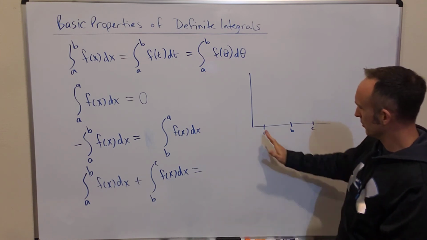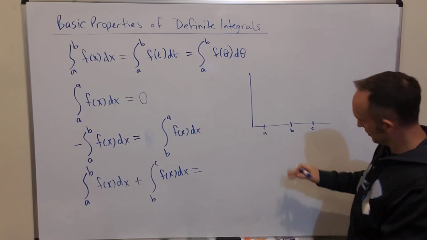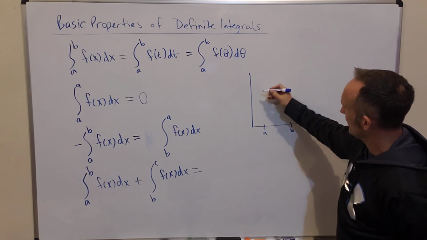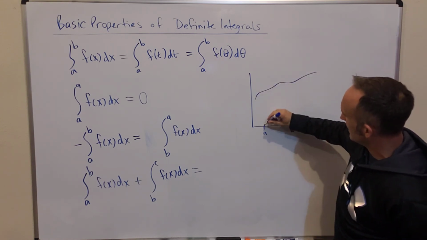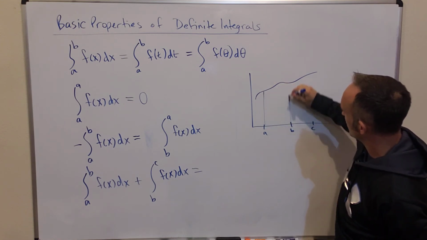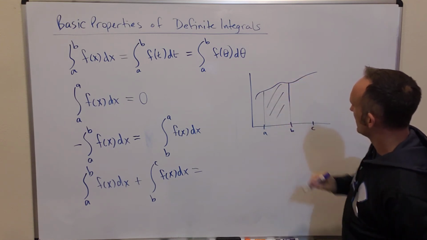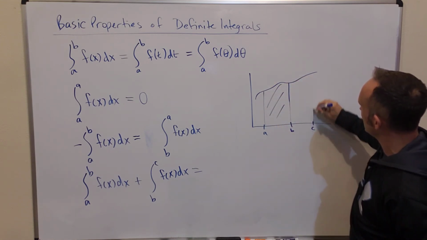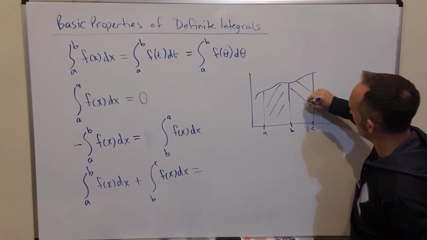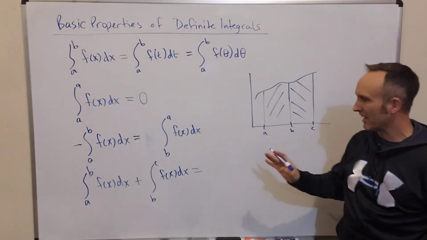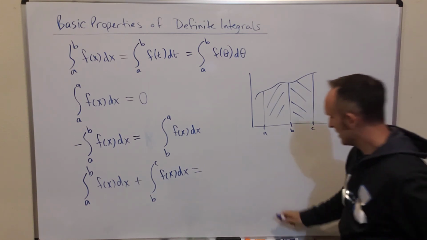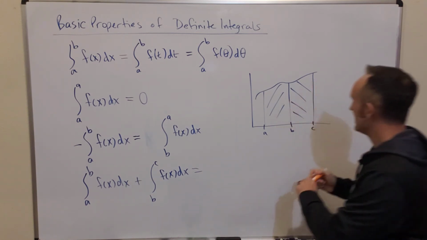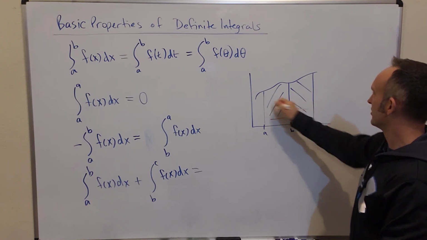For simplicity, we're assuming they go in order. They don't have to. And then we've got our function like this. And if I want the integral from a to b of this function, that's this area. And if I want the integral from b to c of this function, that's this area. And you can see that if you add those two areas together, then what you get is the area of all of this.